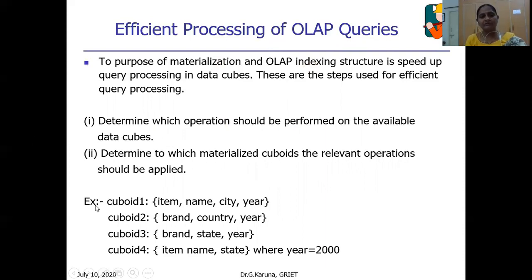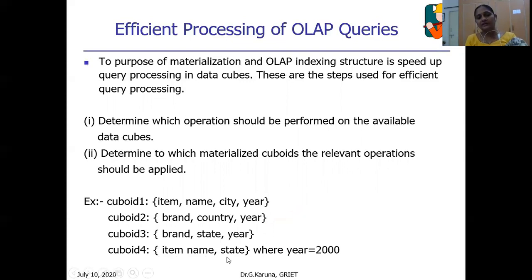The examples given here are: cuboid 1, with respect to item name, city, year, 4 dimensions will be taken. Cuboid 2, brand, country, year will be taken. Whereas cuboid 3, brand, state, year will be taken. See this one, different dimensions. So according to the task, various kinds of dimensions will be considered.